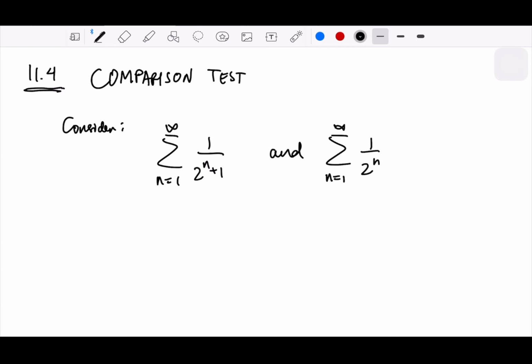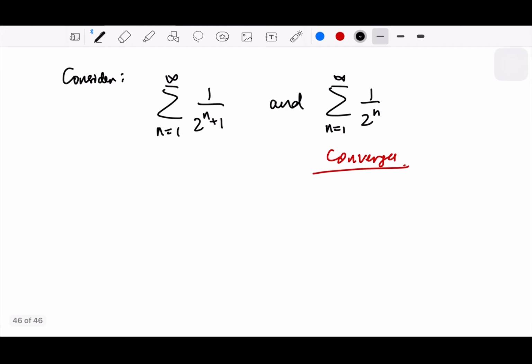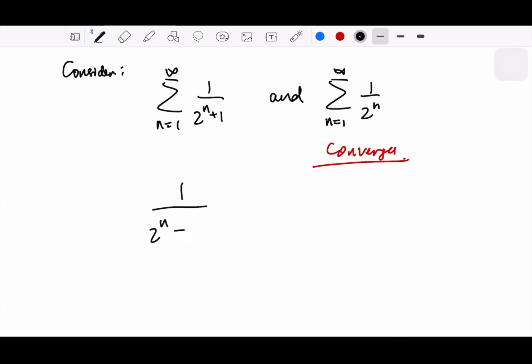So we know that this converges, right? And we know that the inequality between those two is this: 1/2 to the power of n plus 1 is less than 1/2 to the power of n.